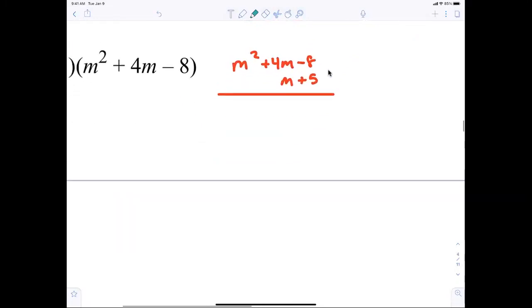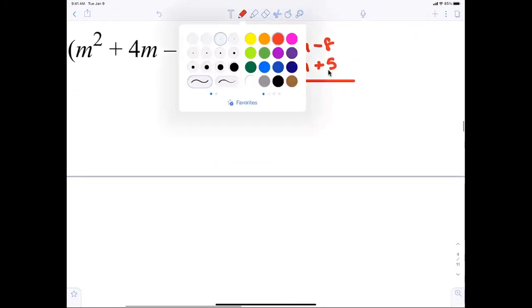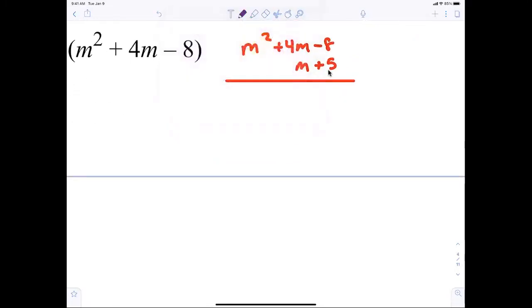All right, here we go. Again, negative 40, positive 20m, 5m squared.